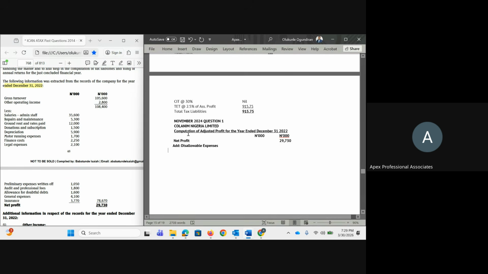What are the allowable expenses that you have? Salaries and wages are allowed. Repairs and maintenance is allowed. Rent and rates are allowed. Donations are allowed. Depreciation is allowed, Abby? No, it's disallowed though. Disallowed.